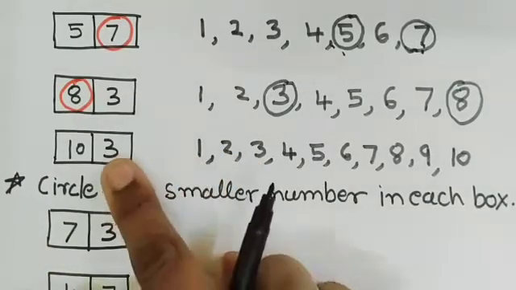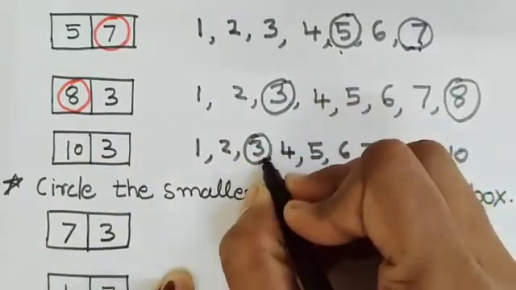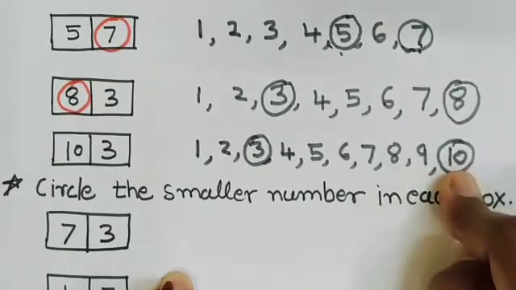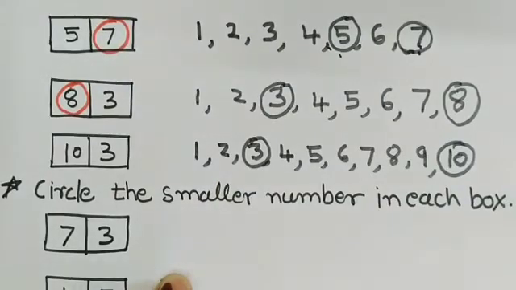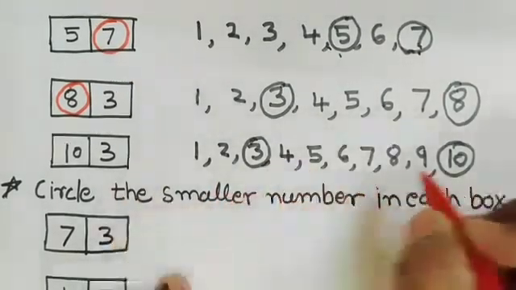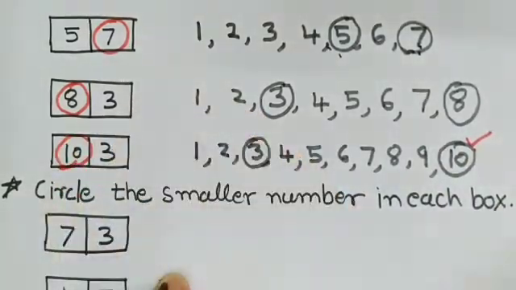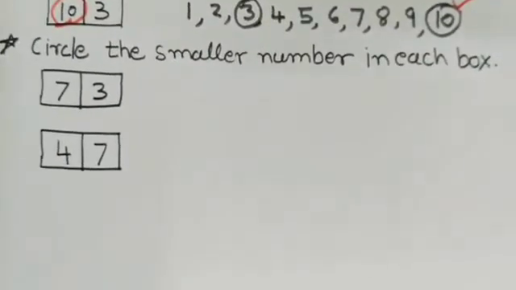Here out of 3 and 10, 3 is coming before 10, which means 10 is coming afterwards than 3. So which is the greater number here? 10 is coming afterwards, so 10 is the greater number here. Like that children, we will circle the number in each box with the help of serial order.